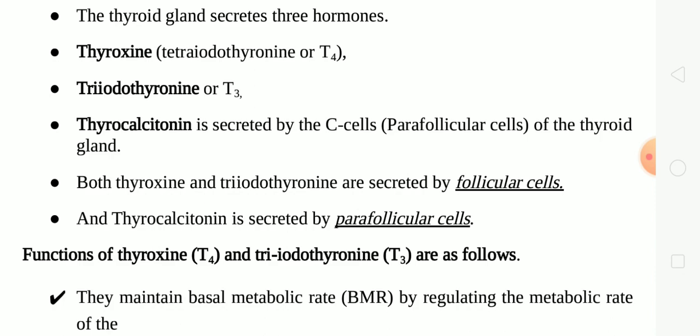And as you already know, thyroxine and triiodothyronine are secreted by the follicular cells, and thyrocalcitonin is secreted by the C cells, that is the parafollicular cells of the thyroid gland.